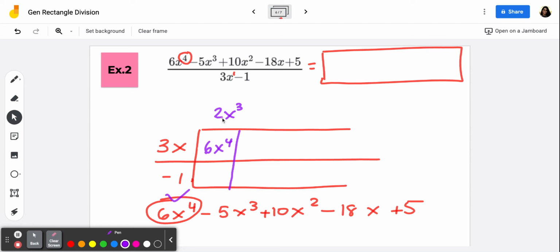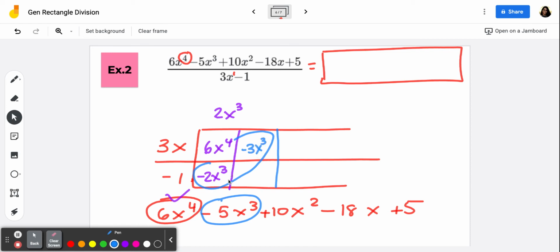Let's keep going. Now I'm going to multiply this and this. Negative 2x cubed. Okay, now what? Well, now that we know that this box and this box have to add together to make negative 5x cubed, this has to be a negative 3x cubed.